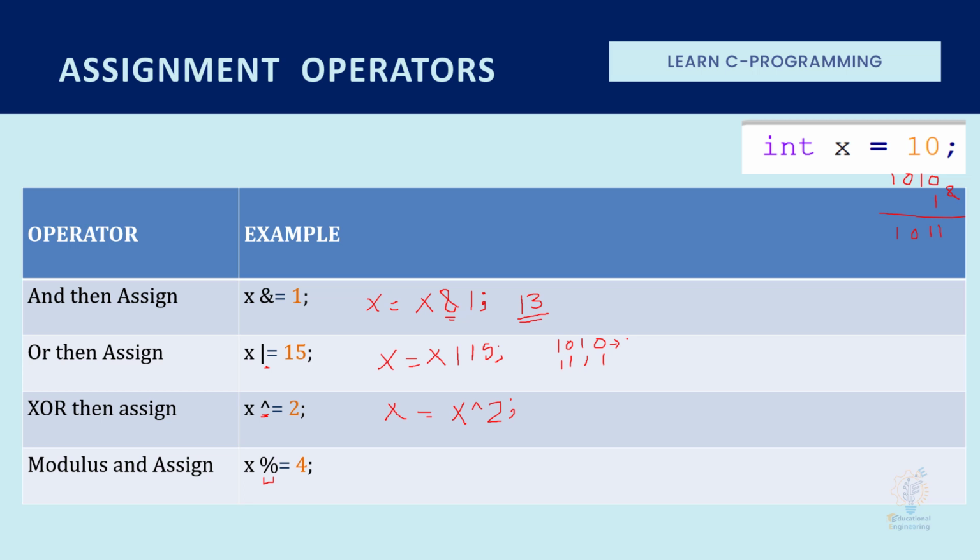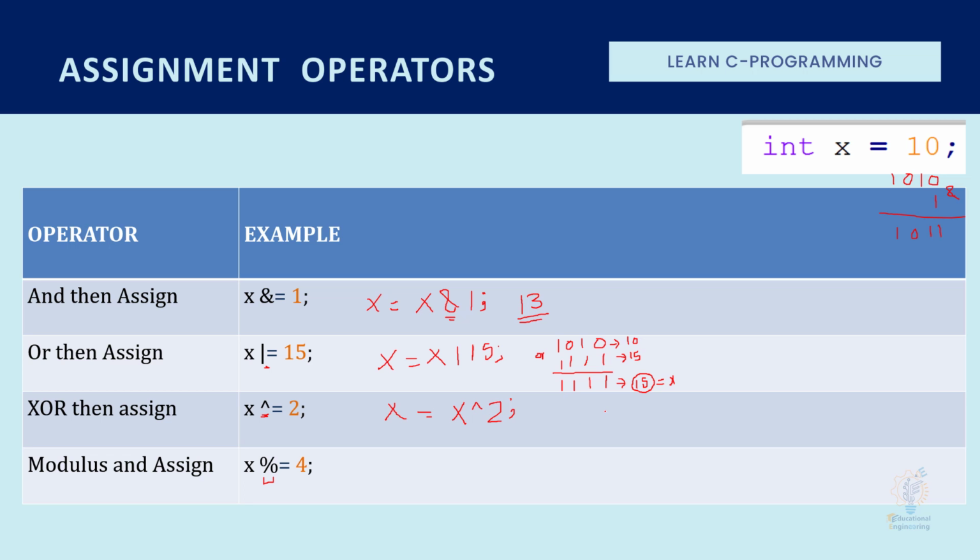This is x, the original value, which is 10, and this is 15. Now for the final value, you have to OR them, 0 OR 1 equals 1, giving 1, 1, 1, 1. So the final value will be 15 as well. So x will equal 15. And we already mentioned how to do this in the bitwise operators lesson.